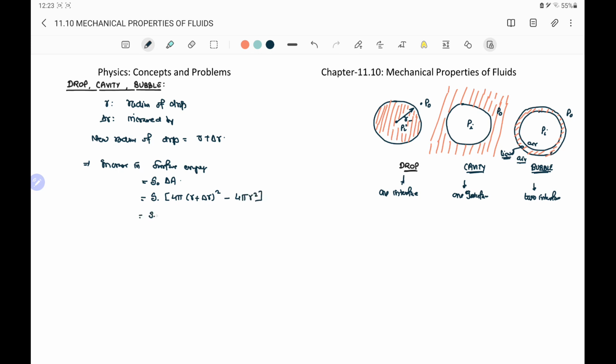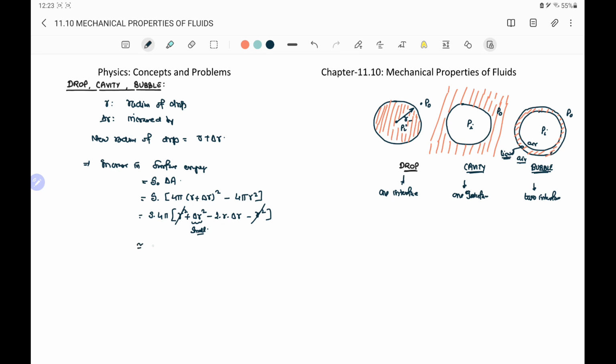So it will be equal to S into 4 pi into r squared plus delta r squared plus 2 r delta r minus r squared. This r squared and r squared get cancelled, and delta r squared is very small because delta r itself is small.